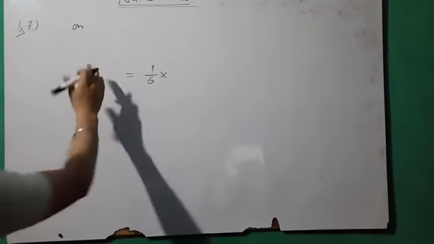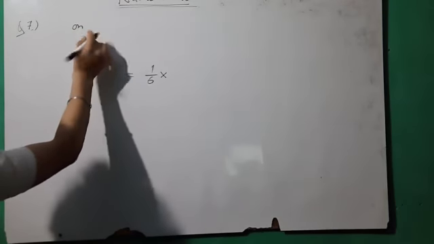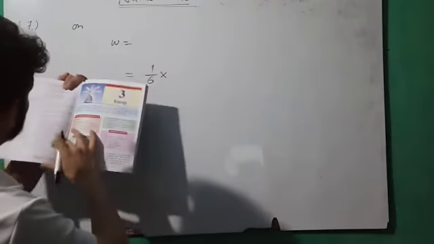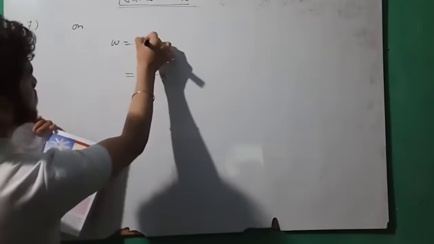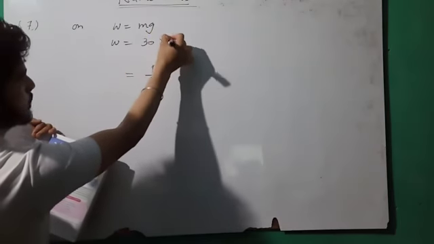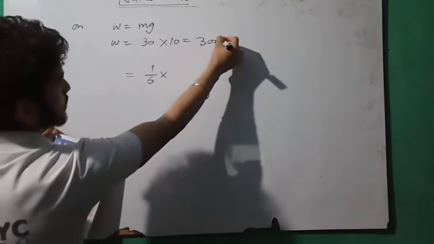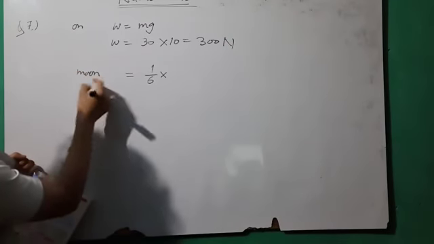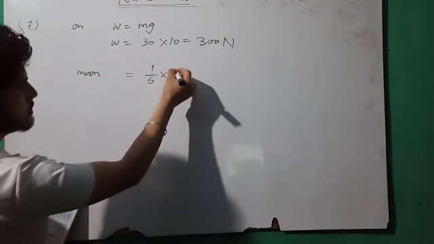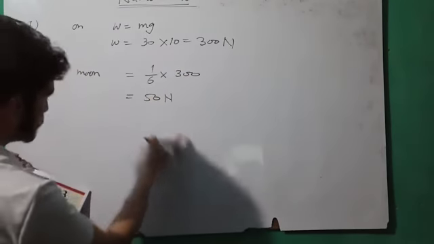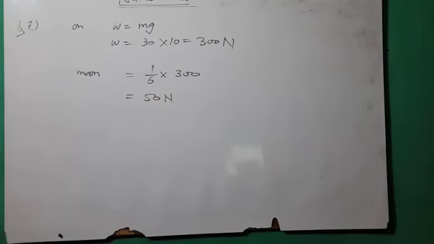W equals m into g, 30 into 10, that is 300 Newton on Earth's surface. If you want to find out that weight on the Moon surface, then you have to divide it by 6. 300 divided by 6, this is 50. You have to write down the answer with the statements.